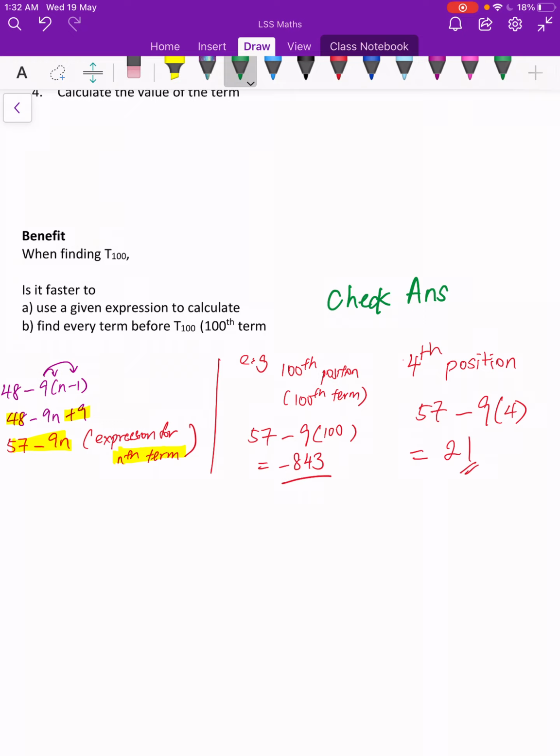You can straight away find a term at any position, even at the 100 position. The 100th term just means that this term is in the 100 position.